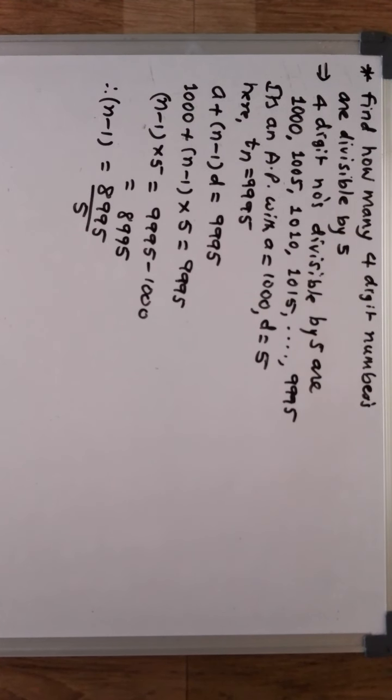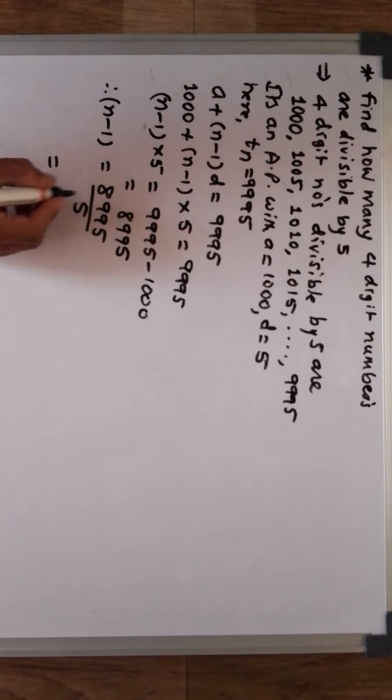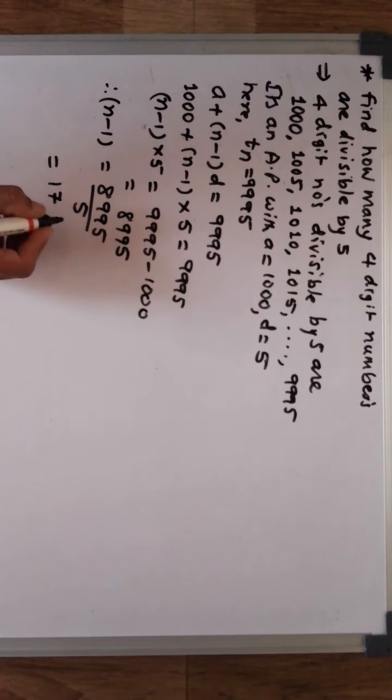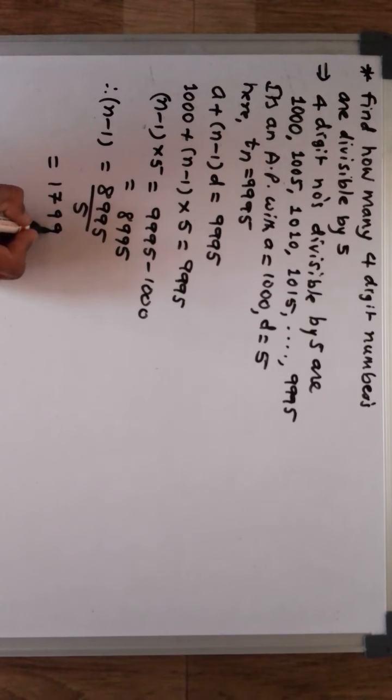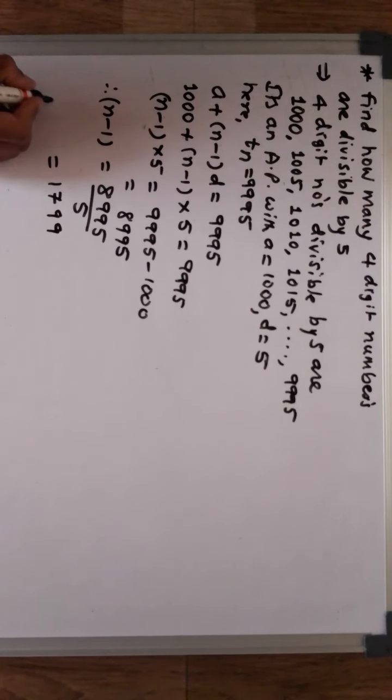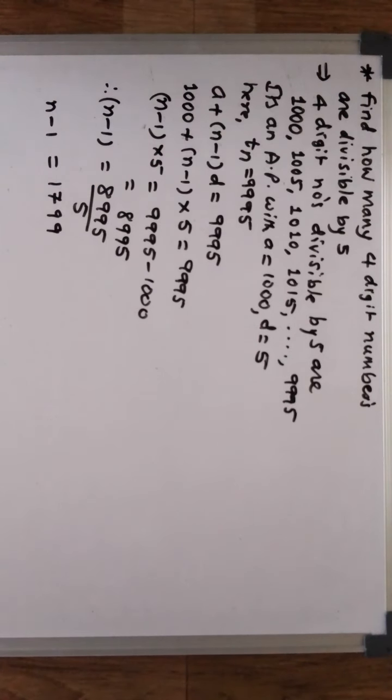Agreed? And on division, what you will get here is 5 1s are 5, 5 7s are 35, 5 9s are 45, and 5 9s are 45. Just cross check it once again. Okay, that is 5 1s are 5, 3 remains, 39, 5 7s are 35.